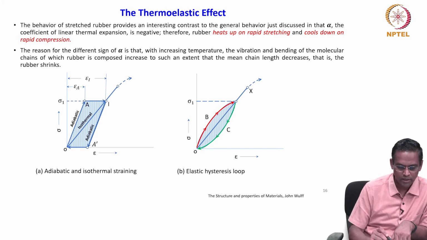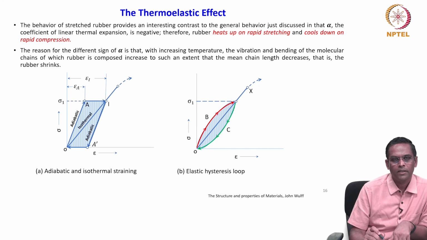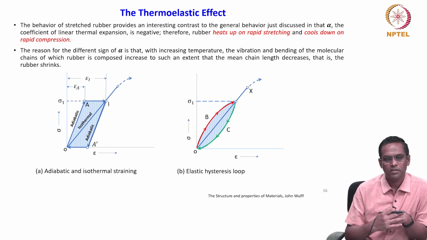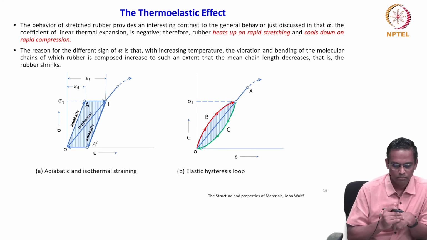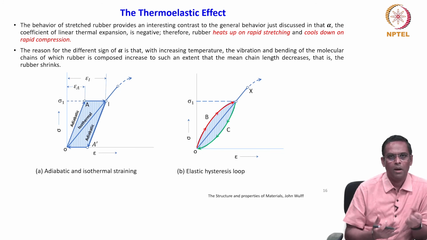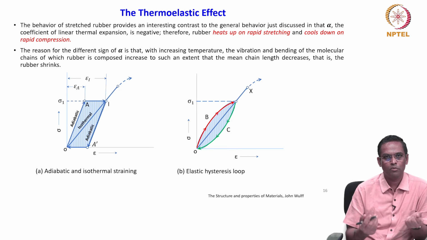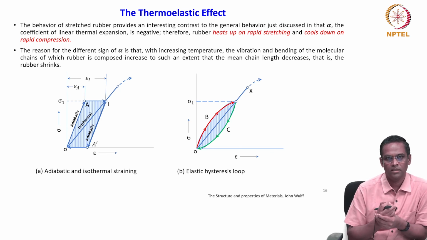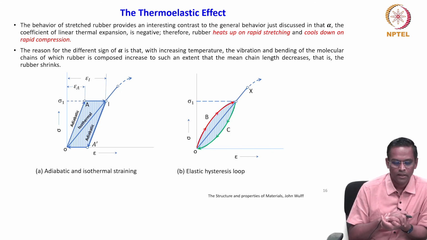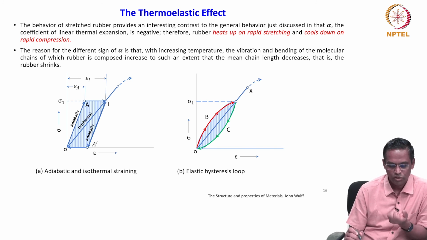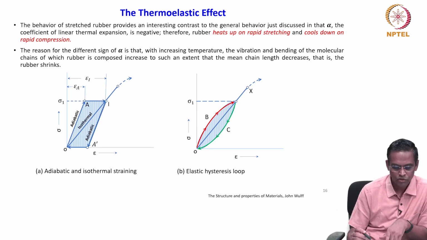What is shown here is sigma versus epsilon, and you just assume that any crystalline material is now being warmed up or stretched, right. So, when it is stretched, it is supposed to warm up, that is the general behavior, right. So, you just think of such a situation when the material is stretched.